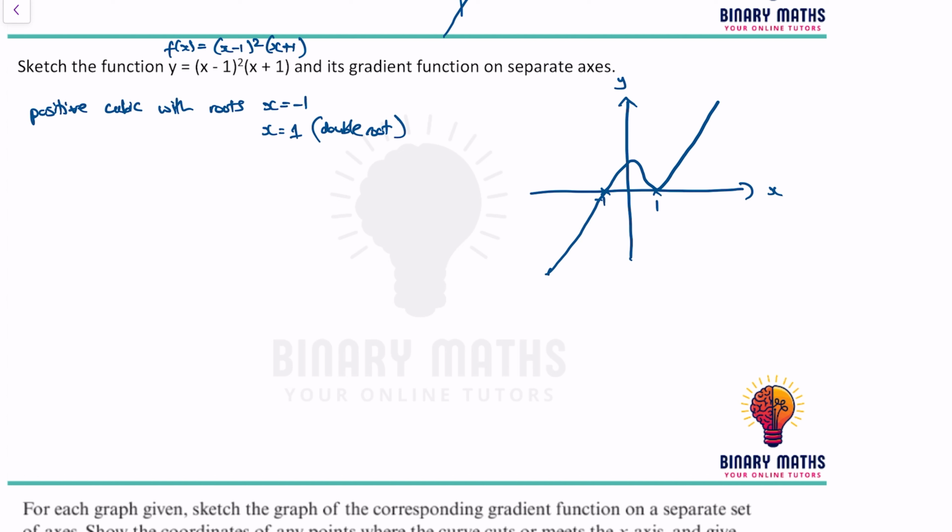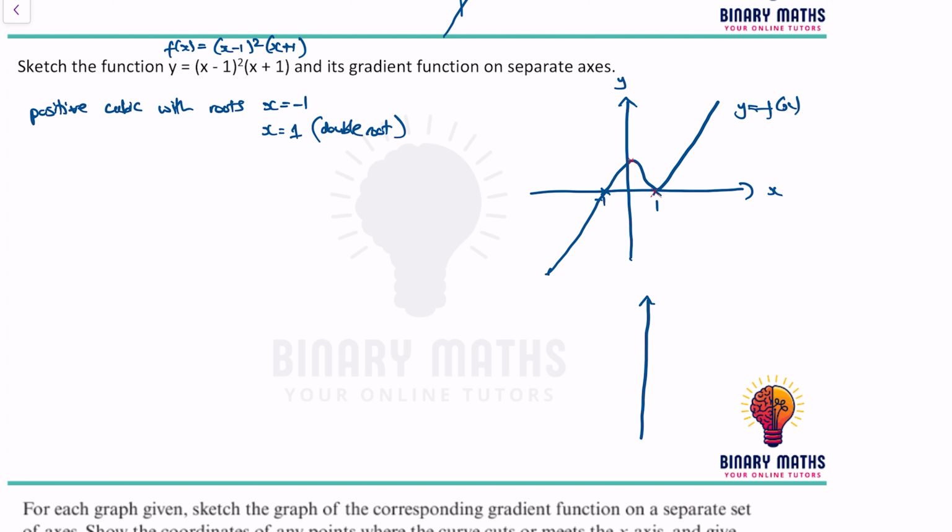This is y is equal to f of x, and we can clearly see the stationary points are somewhere here, and somewhere here. It depends on how you have drawn it, basically.